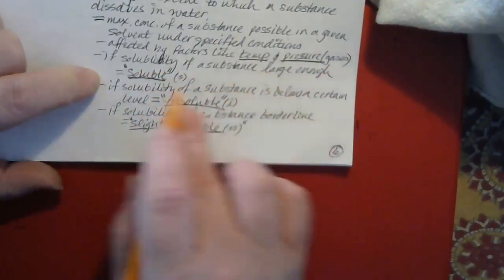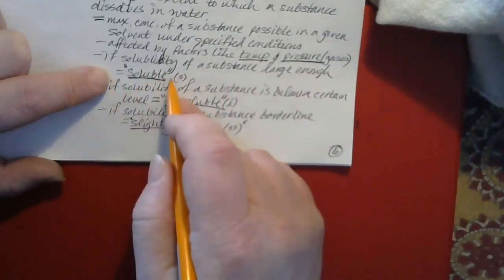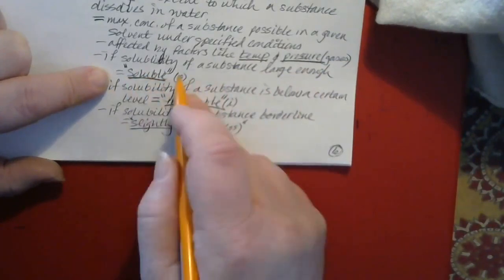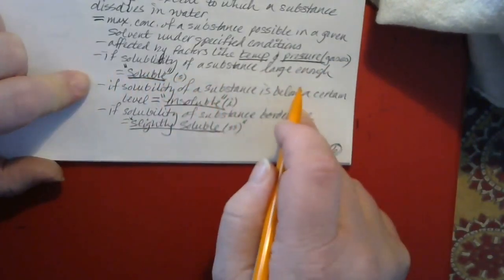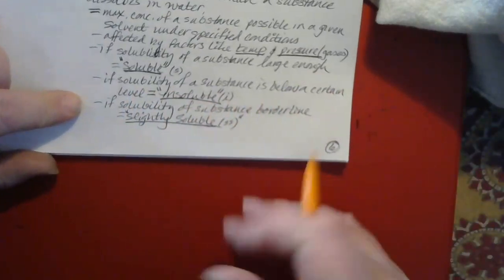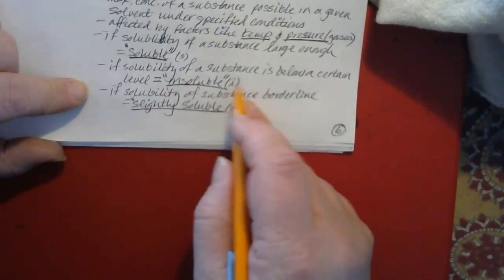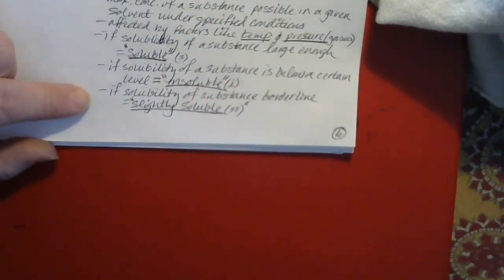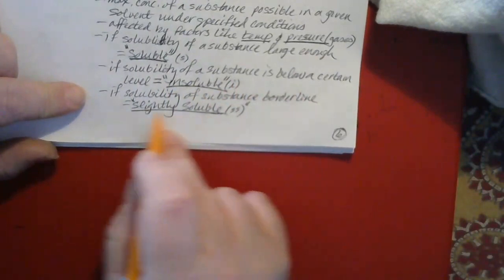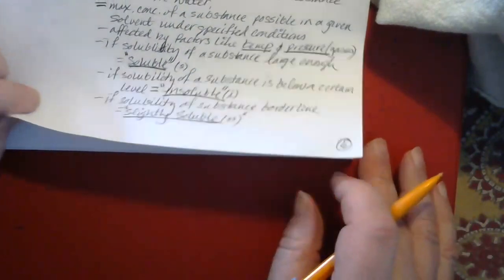If the solubility of a substance is above a certain level, then it's considered soluble in water, or S as an abbreviation. If the solubility is below a certain level, then it would be considered insoluble, or I as an abbreviation. And if it's on the borderline, then it might be considered slightly soluble, or SS as an abbreviation.